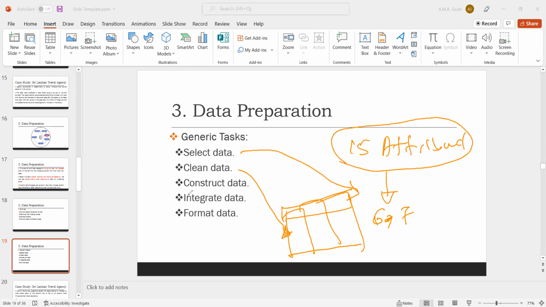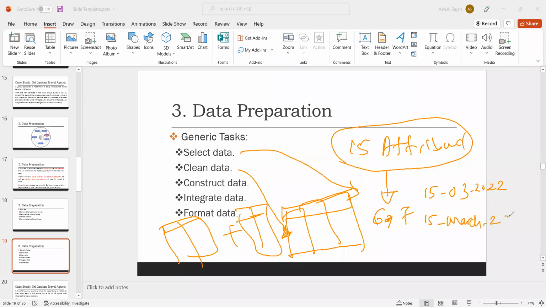After that, we construct the data. Sometimes we can integrate different branch data, so integration also happens. Sometimes we will change the format. Sometimes one branch uses a date format like 15/03/2022, and someone else uses 15 March 2022.